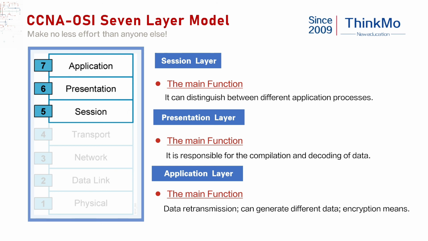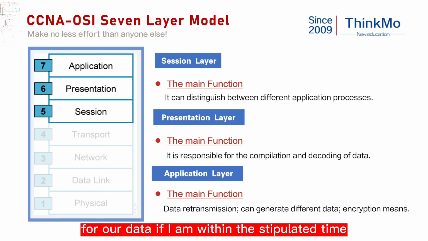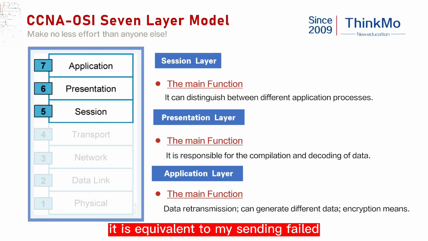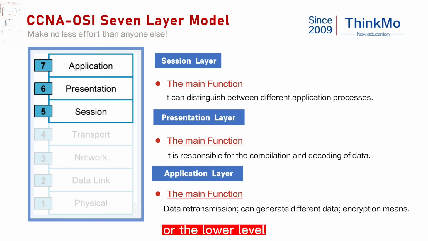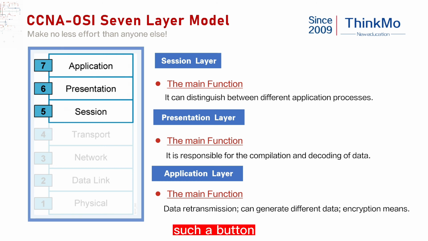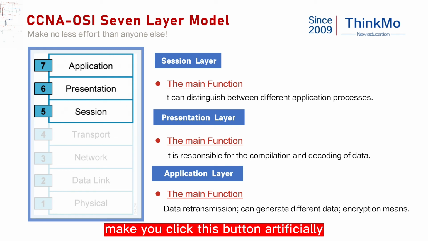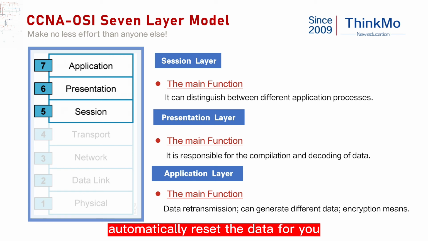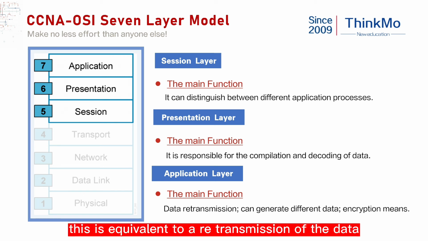That is to say, if I didn't send this data within the stipulated time, it is equivalent to the sending failing, and it doesn't automatically resend. These protocols we are following, or the lower layers, can't solve this problem, so only the application develops an exclamation mark, such a button, and makes you click this button manually, and then it resends the data for you. This is equivalent to a retransmission of the data.